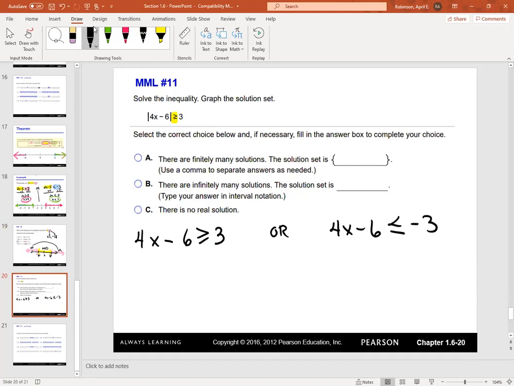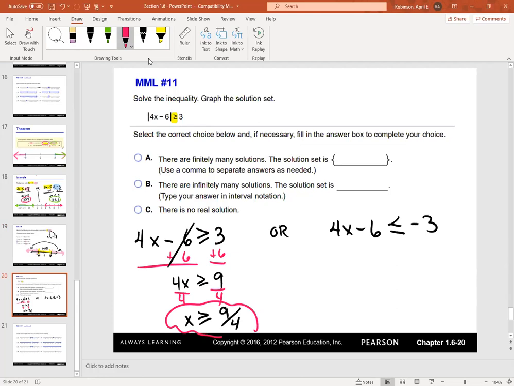And now I got to solve both of them. I'm going to add 6 first to cancel those out. Oh, man. Let me get a fraction. All right, so the first one is x is greater than or equal to 9/4. Not pretty, but I'm going with it.